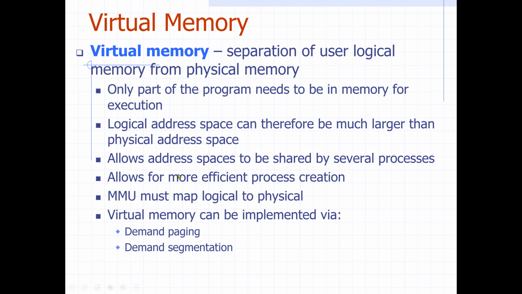Also, this allows address spaces to be shared by several processes, and allows for more efficient process creation. And the memory management unit, which is the MMU, must map the logical to physical addresses. So virtual memory can be implemented through demand paging and also demand segmentation.